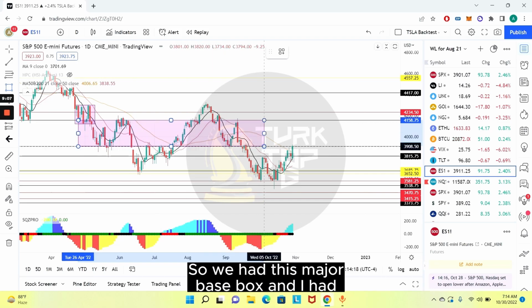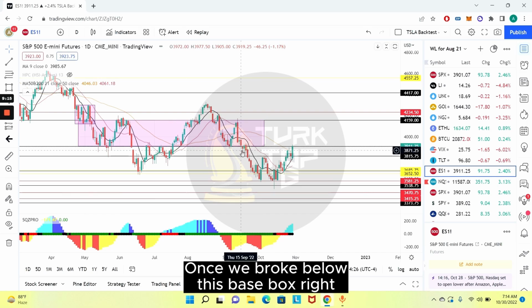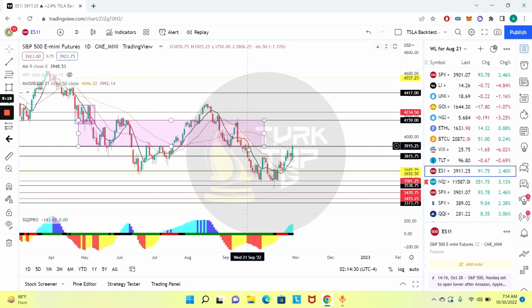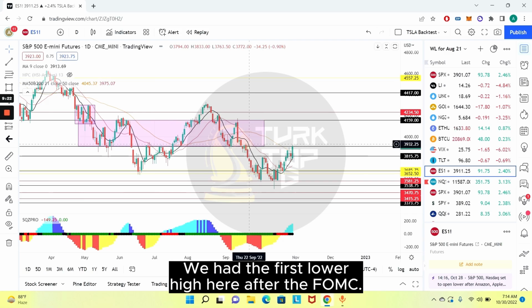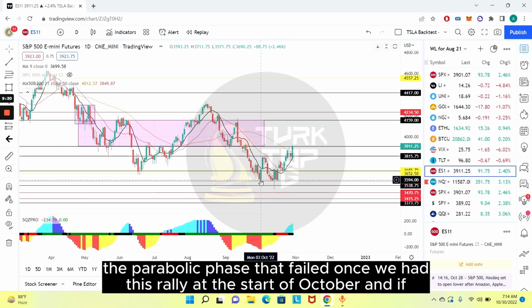So we had this major base box, and I had pointed out in the last few watch list videos. Once we broke below this base box, right before FOMC, we had the first lower low here. We had the first lower high here after the FOMC. We had the second lower low here, second lower high here, and then we tried to go in the parabolic phase. That failed once we had this rally at the start of October.